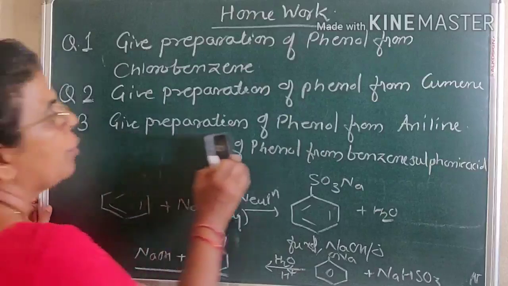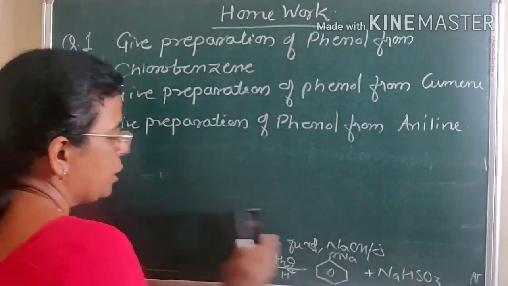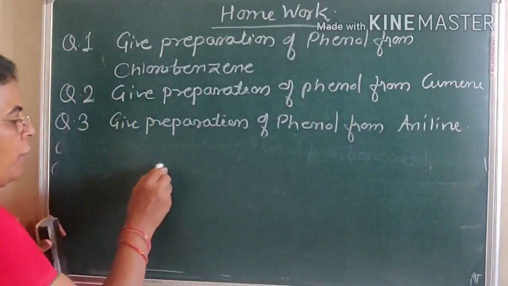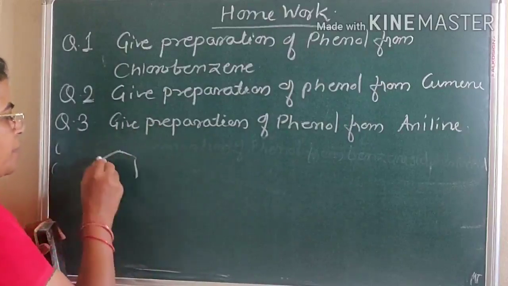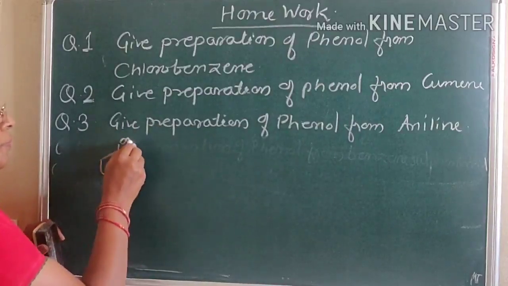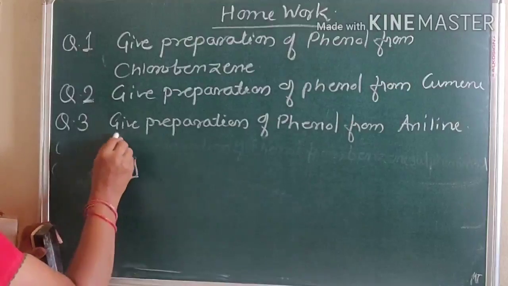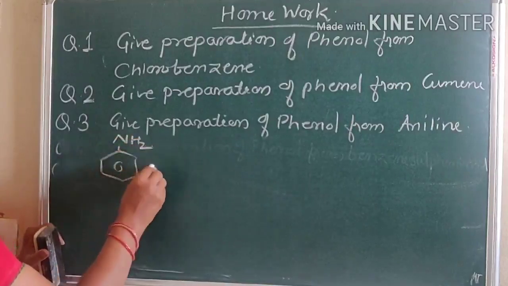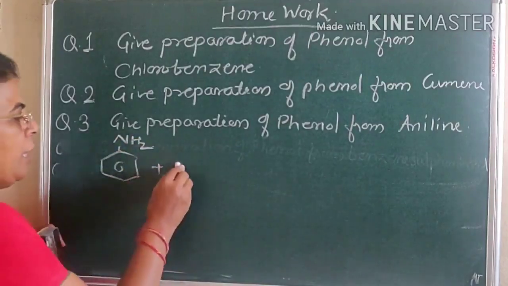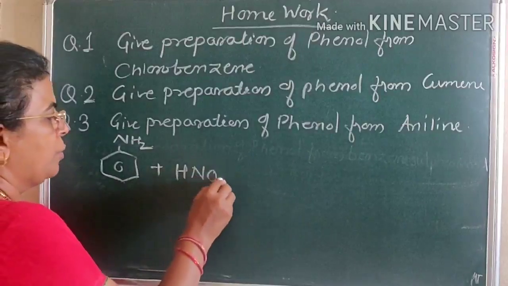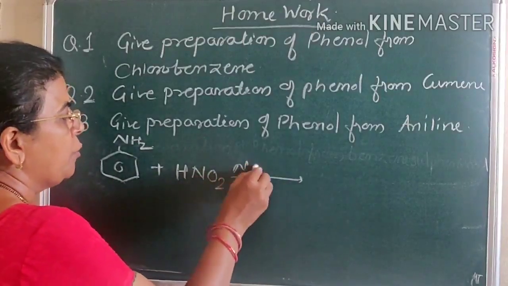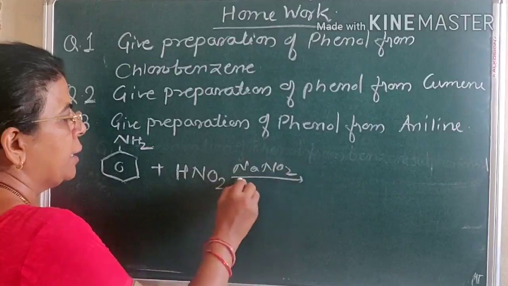Then, give preparation of phenol from aniline. Now this is a diazotization reaction. Aniline, when it is reacted with nitrous acid, that is HNO2, in the presence of NaNO2 and HCl.